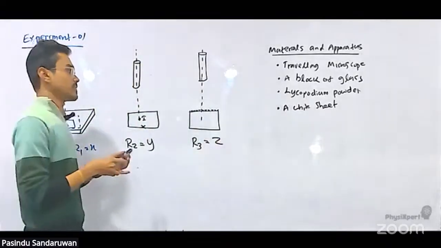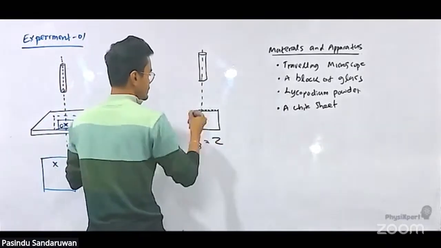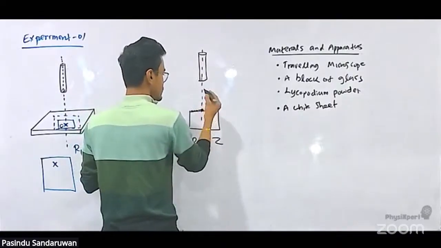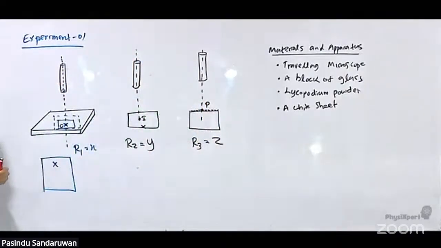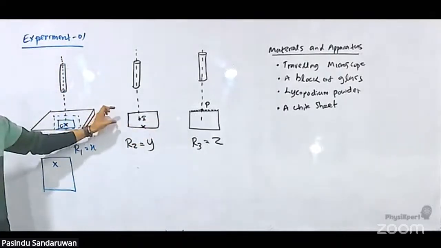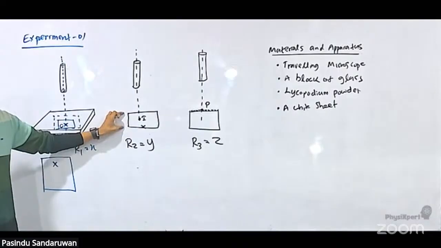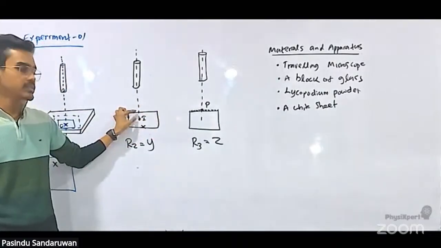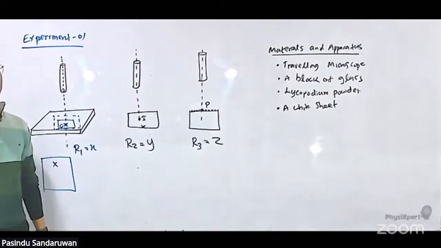The difference between two readings gives the real depth of the block, and the difference between the other two readings gives the apparent depth of the image.